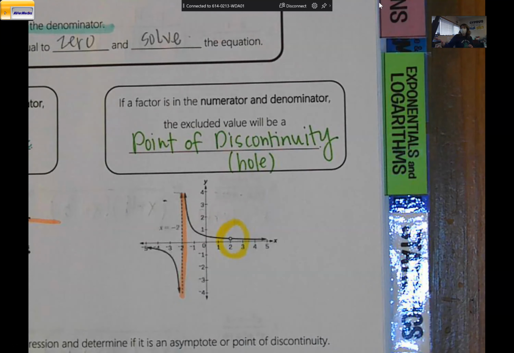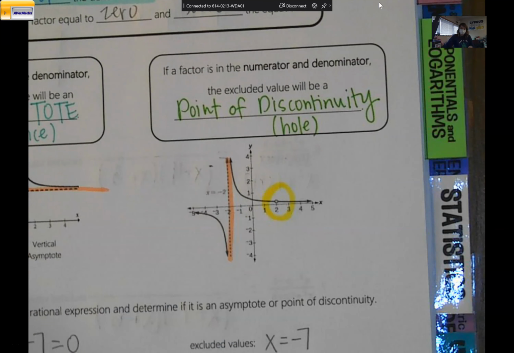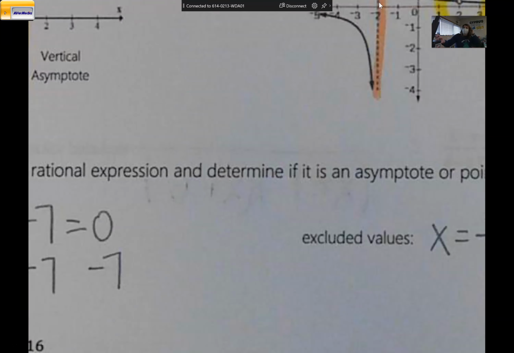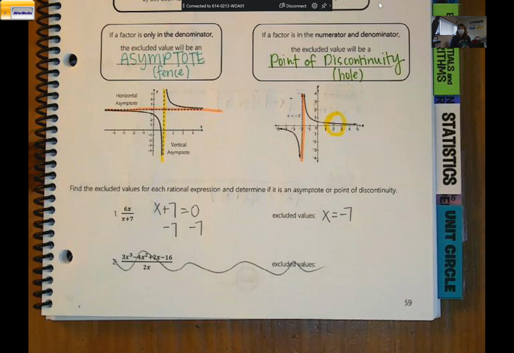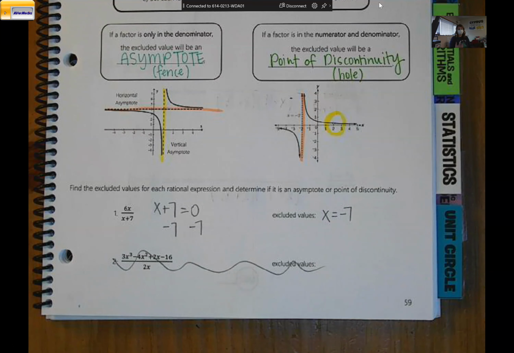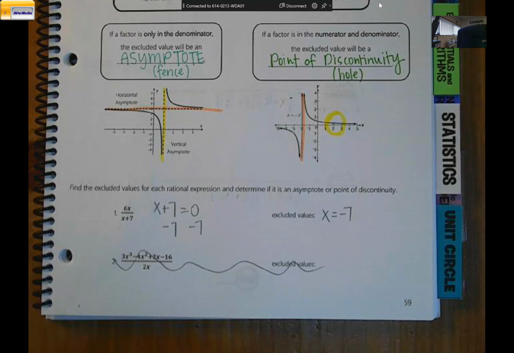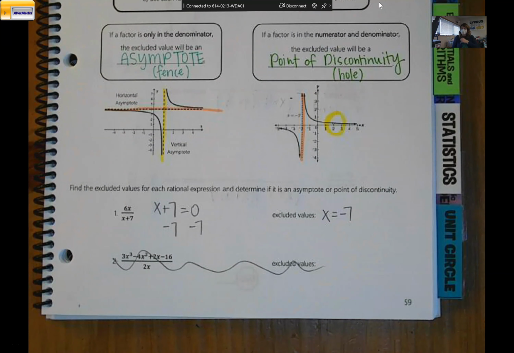So this is our second element. First thing we do is find the excluded value. Second thing that we do is decide, is it a fence or is it a hole? Is it an asymptote or is it a point of discontinuity? It's really easy to tell once you factor them because that's exactly what you guys did last time.